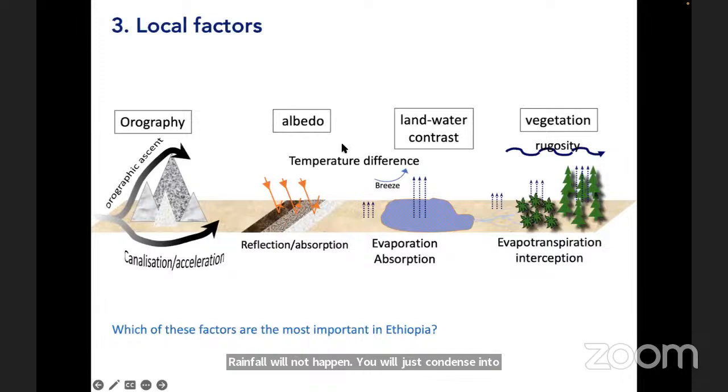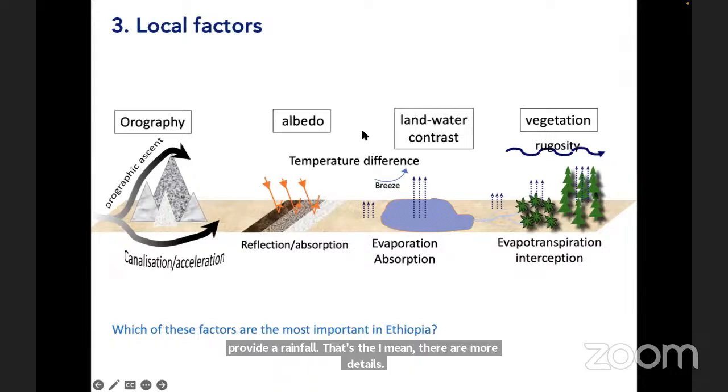What cloud seeding does is inject those condensation particles into the cloud, so that it helps the small droplets coalesce into big ones and provide rainfall. There are more details, but that is the general concept of cloud seeding.